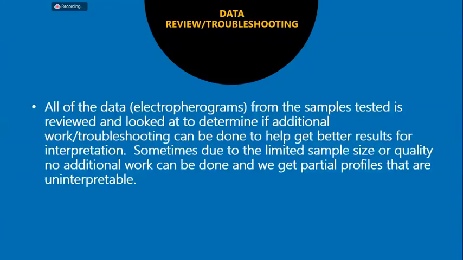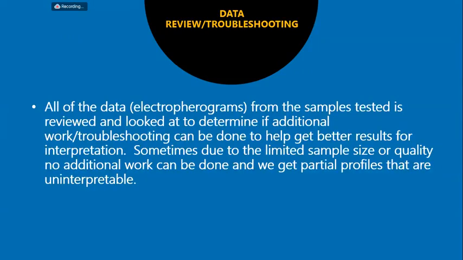So all of the data, or electropherograms, for the samples tested then gets reviewed and looked at by an analyst to determine if additional work or troubleshooting can be done to help get better results for interpretation. This is common when dealing with samples that have a limited amount of DNA present, or the quality of the sample might be low. Sometimes if that happens, then we'll only get a partial profile and won't be able to really say anything about it.